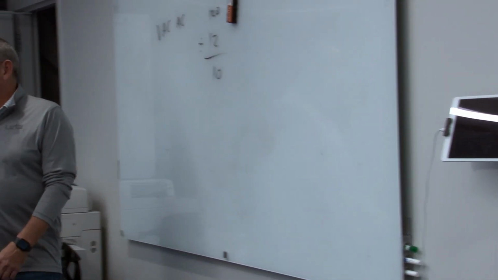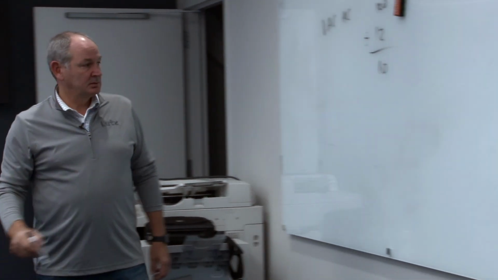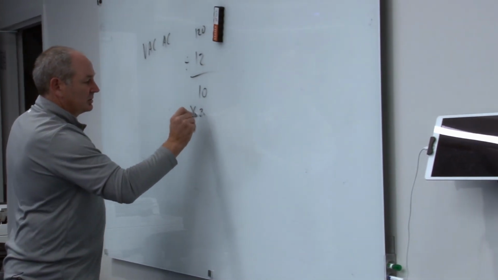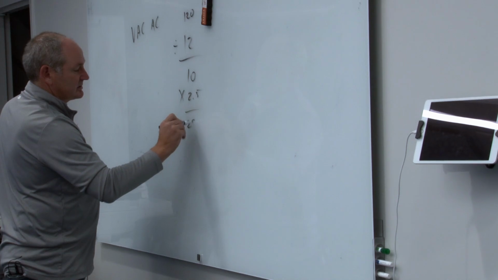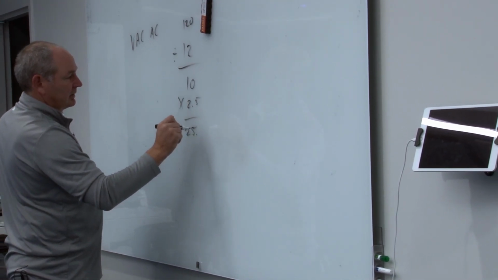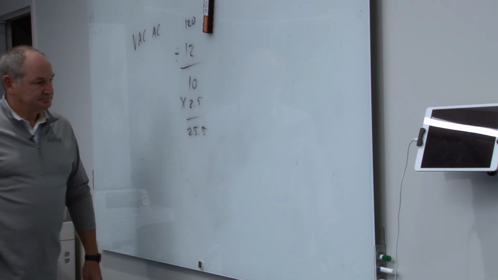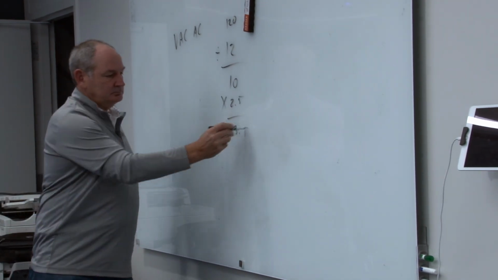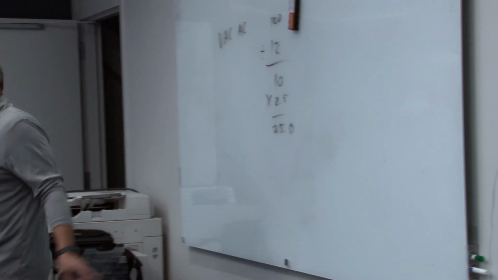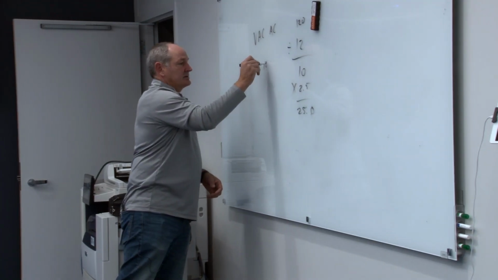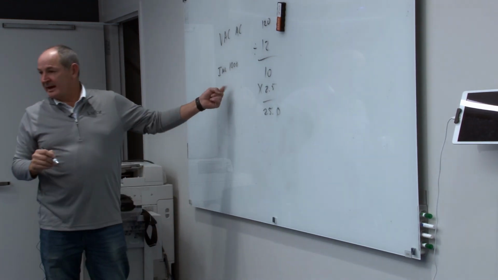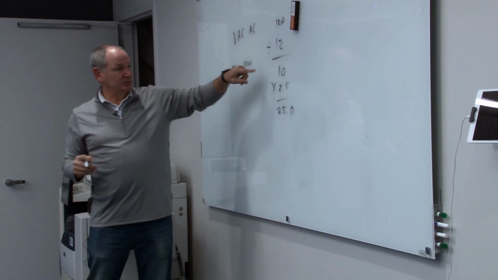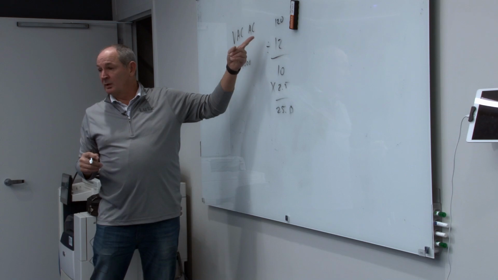Which gets 10, right? So now I have the number of months times 2.5 is 25. That is the amount. So when I have my income of 1,000, I know embedded in that 1,000 is $100 worth of vacation accrual, or 120.